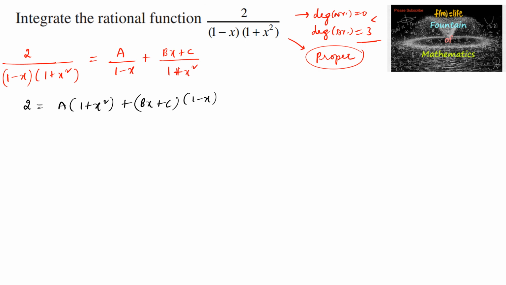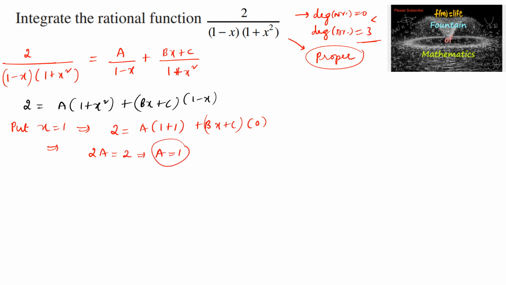x). To get the constants, first let us put x is equal to 1. So we'll get 2 is equal to a times (1 plus 1 square), and (bx plus c) times (1 minus 1), that is 0. So we can write 2a is equal to 2, which implies a is equal to 1.